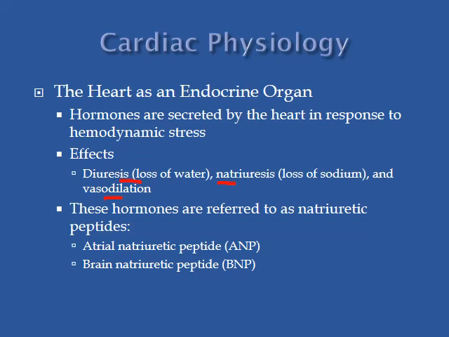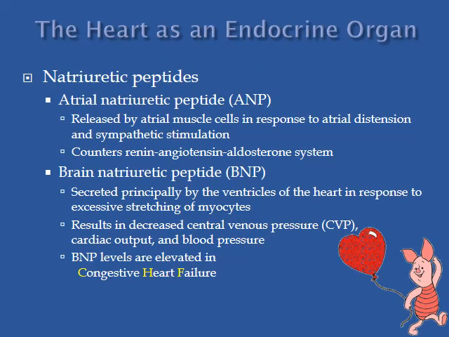There's an ANP, which is atrial natriuretic peptides, and there's a BNP, which is brain natriuretic peptides, but the BNP is mainly in your ventricles. Atrial natriuretic peptides are released by those atrial muscles in response to distension and sympathetic nervous system stimulation.